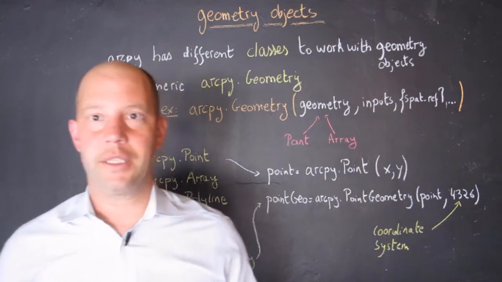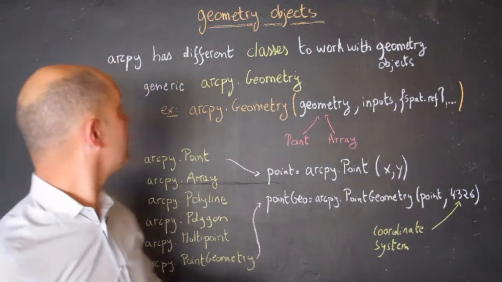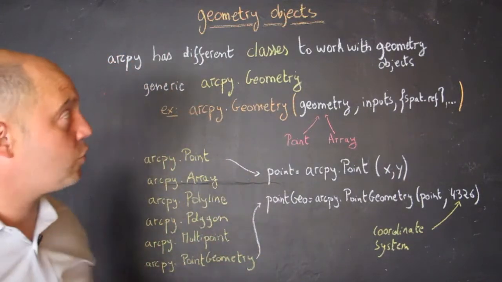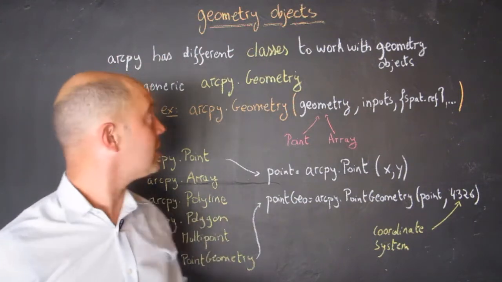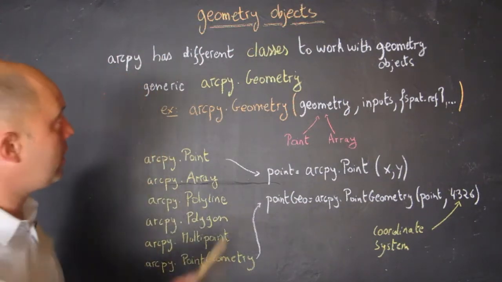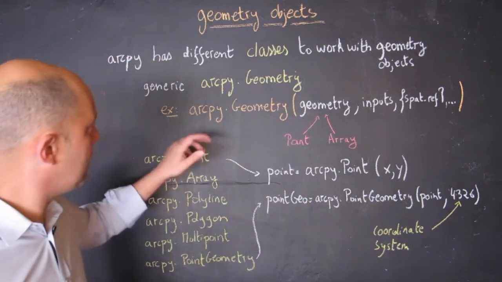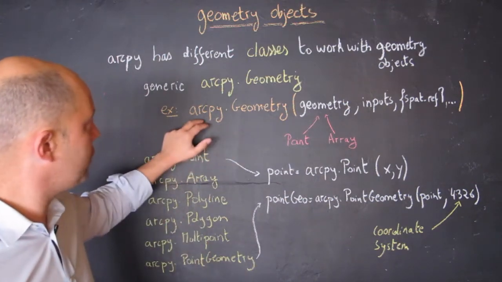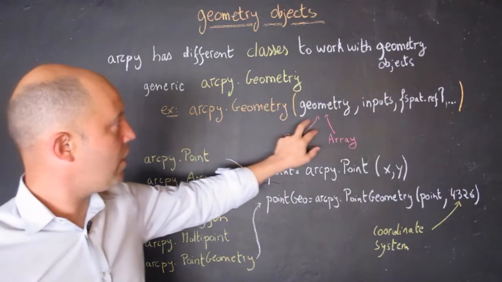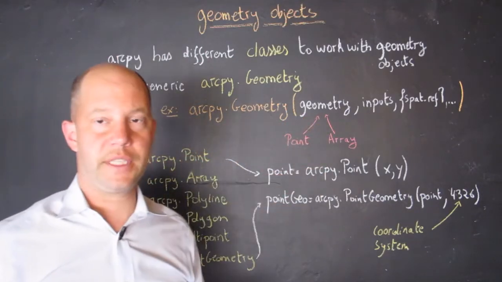Next, we are going to talk about geometry objects. So ArcPy has different classes to work with geometry objects. The one that is the generic one is called ArcPy.geometry. Okay, and just to give you an example here, how this works. So you have ArcPy.geometry, and then you have the type of geometry that serves as an argument.